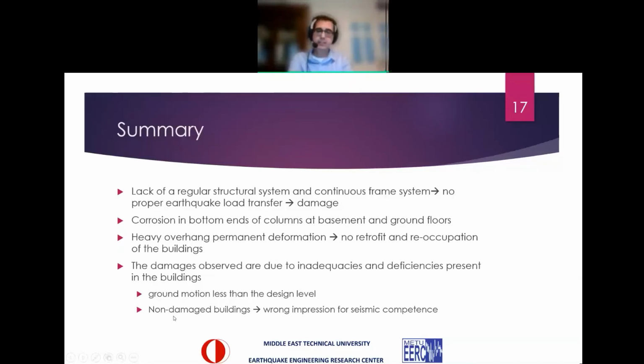The last thing I want to mention is this. Here, the damage observed is due to the inadequacies and deficiencies present in the buildings, because the ground motion, as already mentioned, was less than the design level. Although it was amplified, it was much less than the design level.